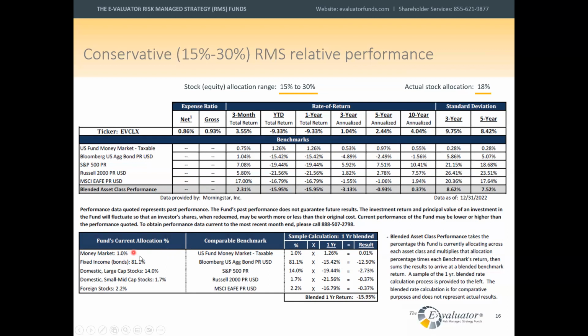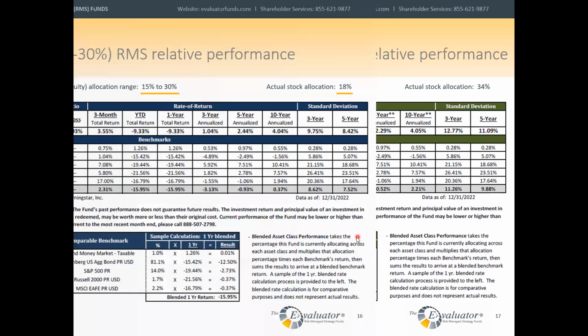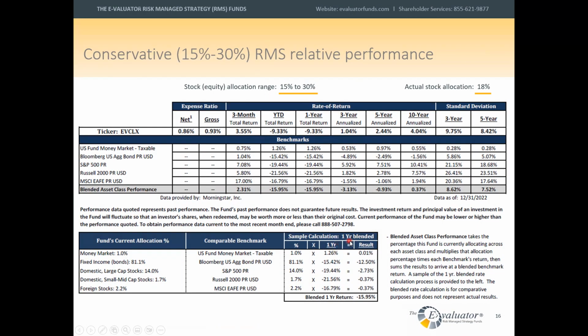Now, again, we take this percentage that we would have allocated into each across those 5 asset classes, multiply those percentages times the performance of each index based on the time frame to arrive at what a blended asset class performance is. So this is an illustration of the 1 year where we take 1% times 126, add it up. So this investment was down 9.33.